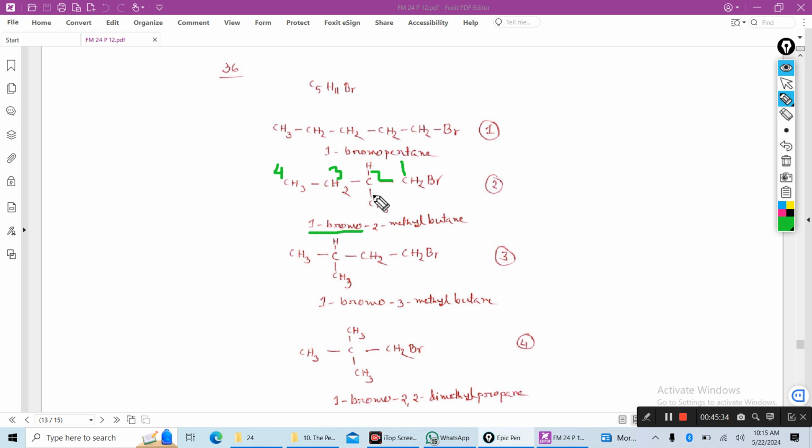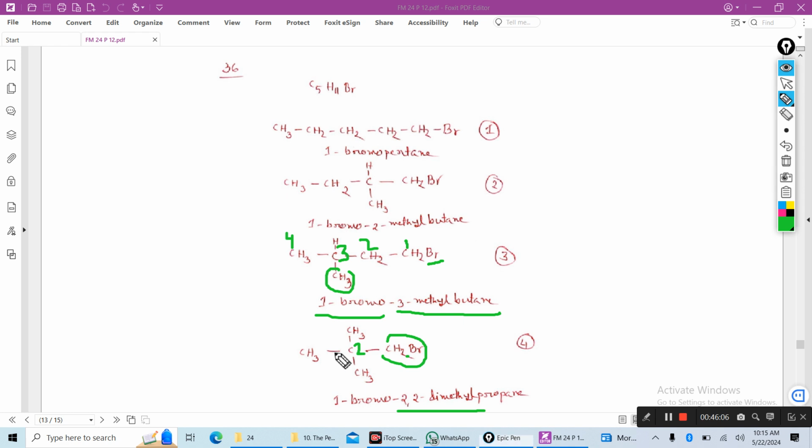So 1-bromo, 2 carbon contains 1 methyl, 2-methylbutane, that is the second isomer. Then 1-bromo, 3-methyl, the 3 carbon contains 1 methyl group, 3-methylbutane. Then the fourth, this is also a primary halogenoalkane group, 1-bromo-2,2-dimethylpropane.